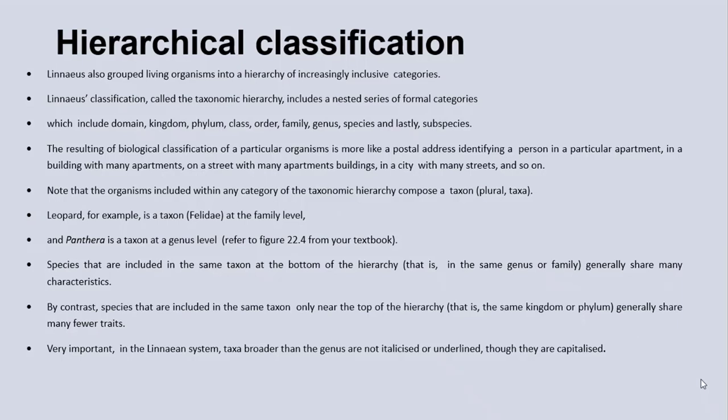Species in the same taxon at the bottom of the hierarchy share many characteristics, but species in the same taxon at the top generally share fewer characteristics. So that's the distinction, or the contrast there.